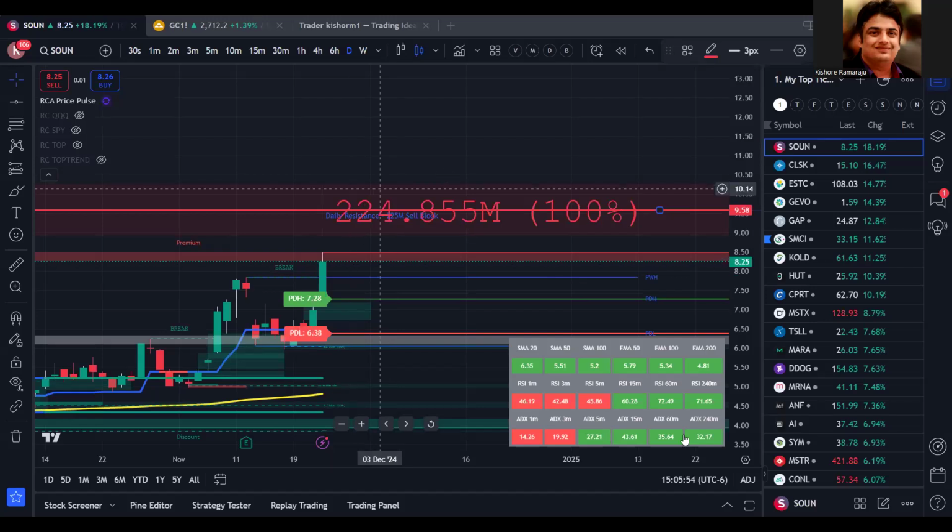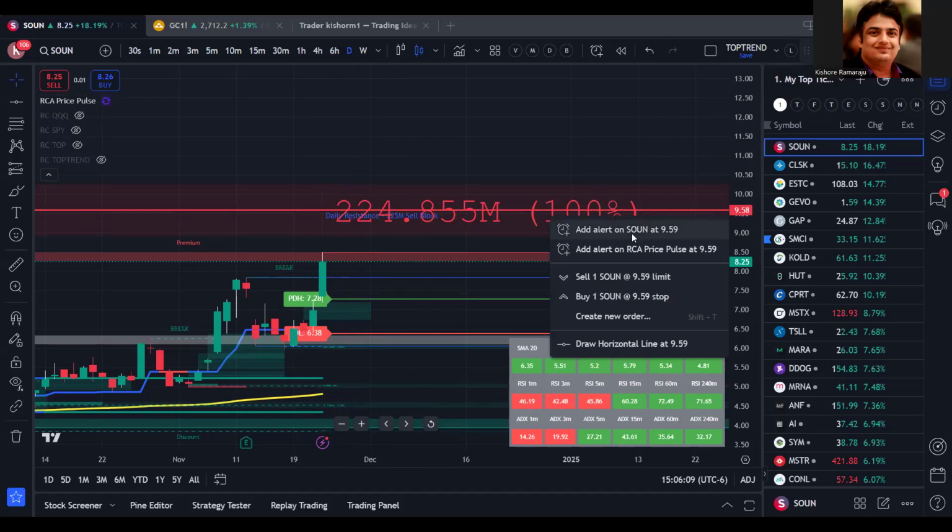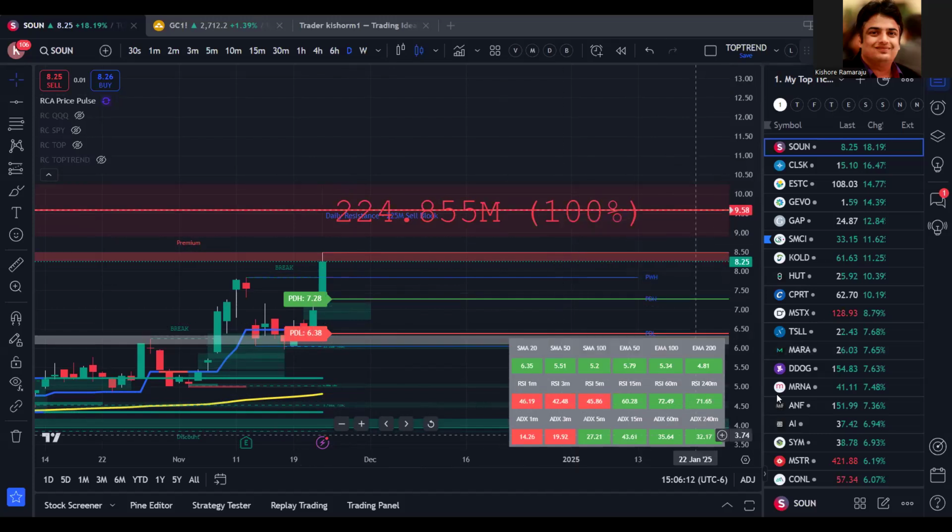You can see RSI crossed above 72, above 71. So if price goes here by Monday or Tuesday, then you can just set an alert here, right? Add an alert on the zone at that price.